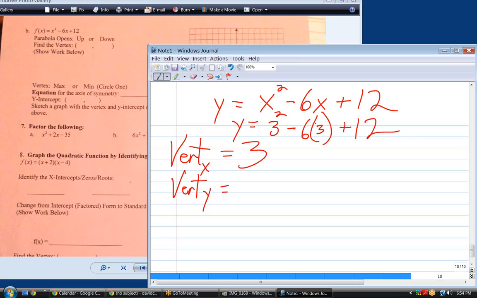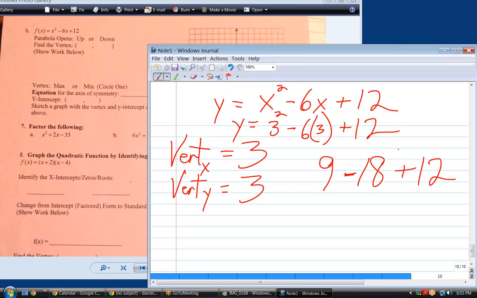Do it piece by piece. What's 3 squared? 9. Minus 6 times 3, which is what? 18. Plus 12. Actually, maybe doing this piece by piece is not the best way to do it. Notice that the easiest way to do this is to add 9 to 12. They're both plus. That's 21. And then subtract 18. So that's also equal to 3.